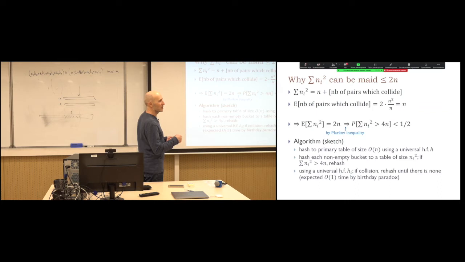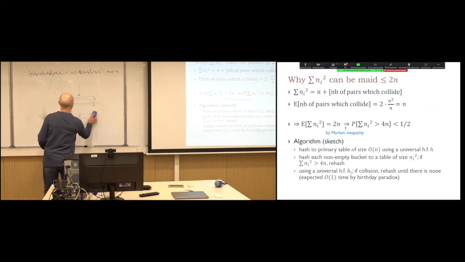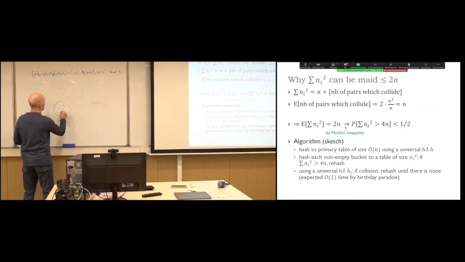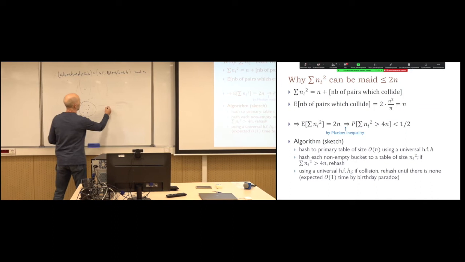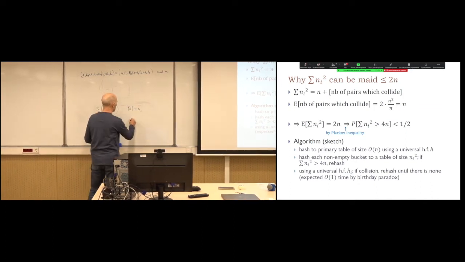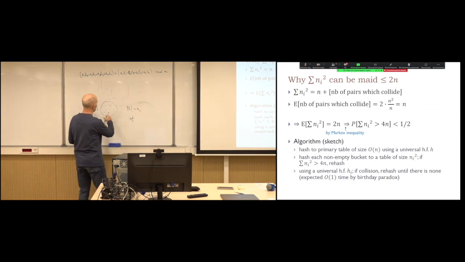Okay, do you follow me? So we have a set S with ni objects. What is ni square? Ni square is the number of pairs.